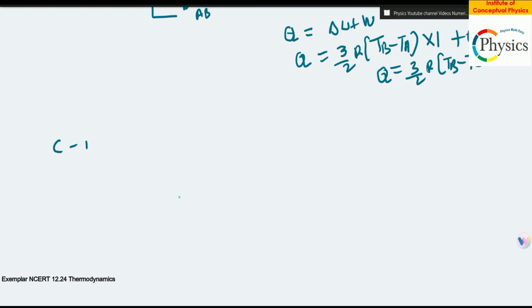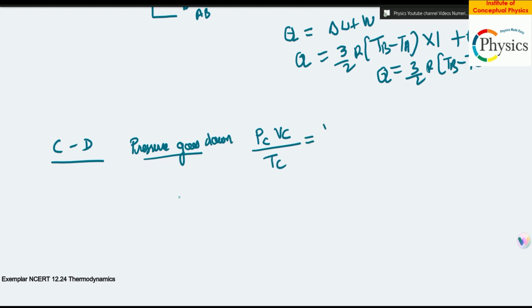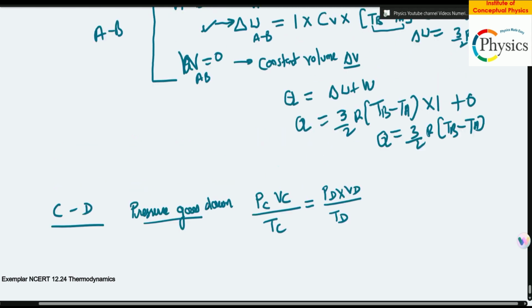In C to D, if you notice, the pressure has gone down. What does it mean? So if I write PC VC upon TC is equal to PD into VD upon TD, right? So this is how it works.